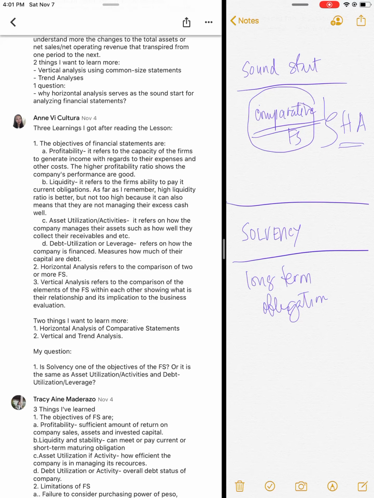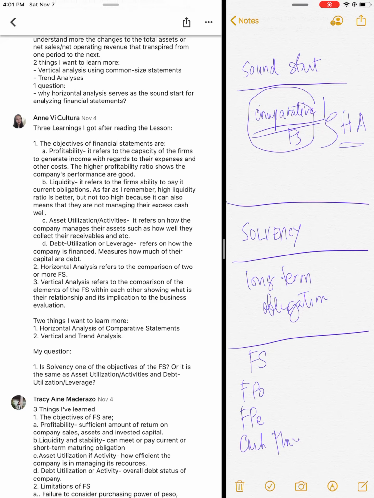Okay. If the question is, is it one of the objectives of the financial statements? Not directly. If we will recall, the objective of FS is to provide information about financial position, financial performance, and cash flows.